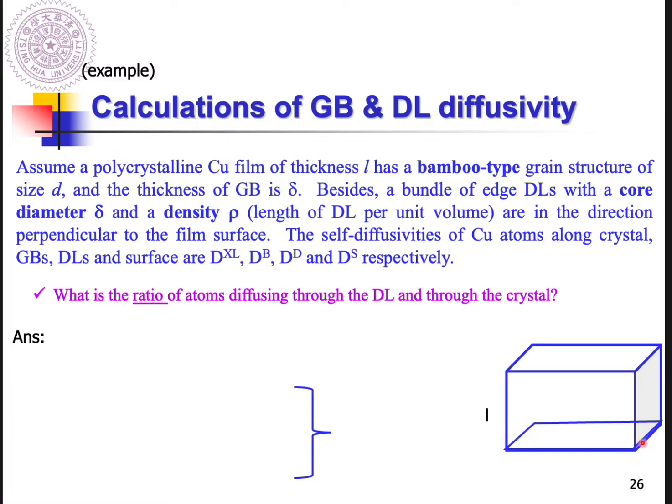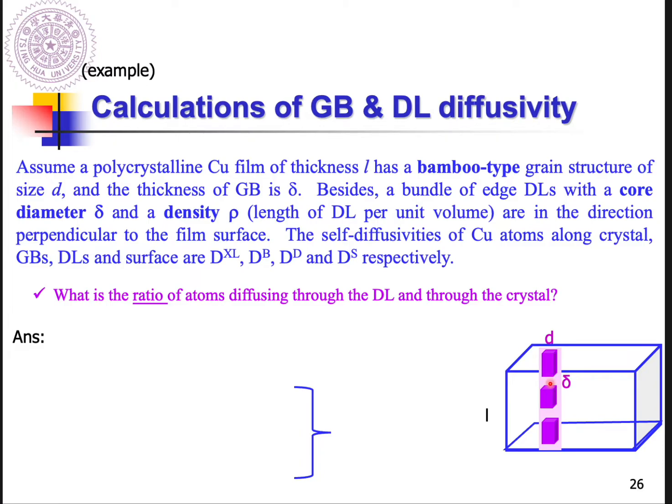This polycrystalline copper film has a bamboo type grain structure of size D, and the thickness of the grain boundary is delta.